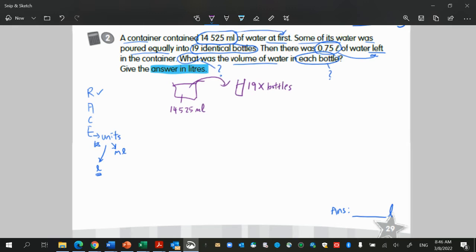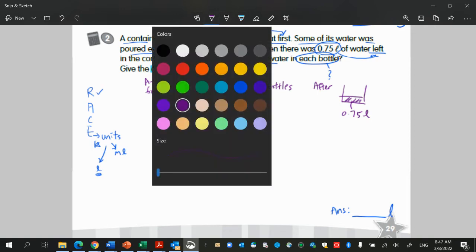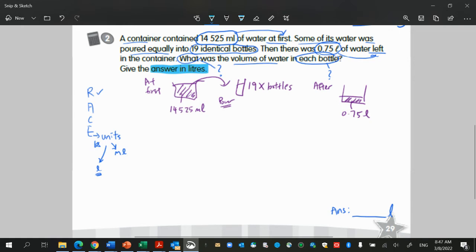After the pouring, the container still has some water left. The same container here has a bit of water left. The amount left here is 0.75 liters, which means all the water that was poured out went into the 19 bottles.